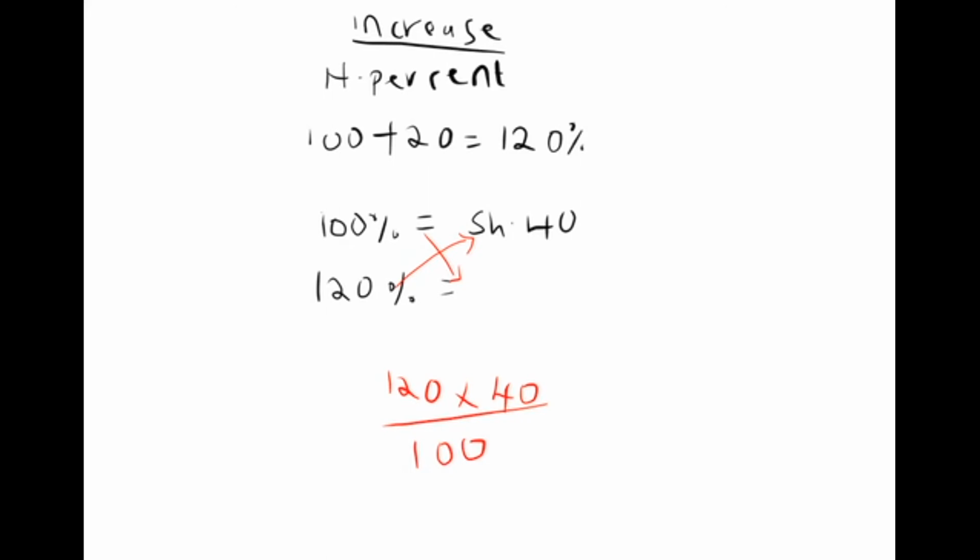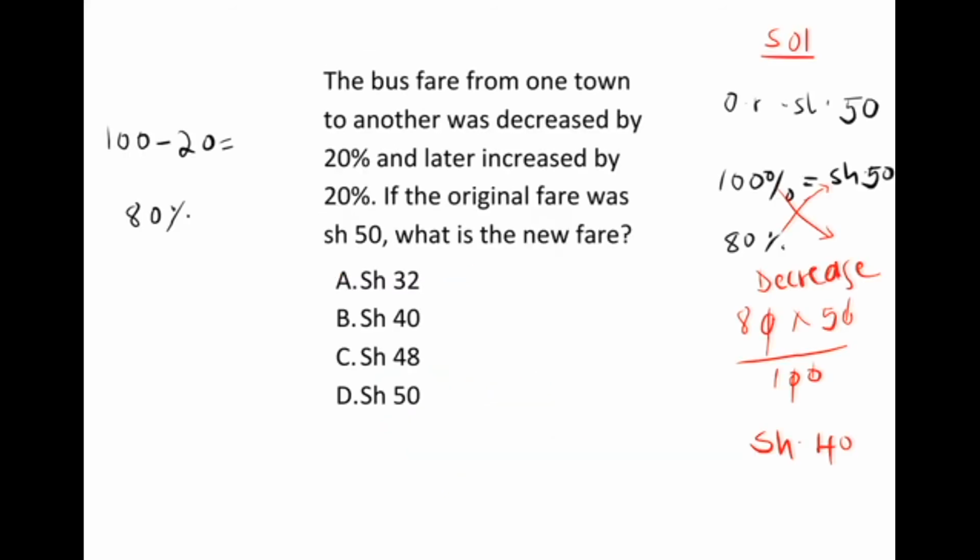Then we simplify, cancelling the zeros. 12 times 4, we get 48 shillings. Therefore, after the increase, the fare became 48 shillings. Therefore, our correct choice is C, which is 48 shillings.